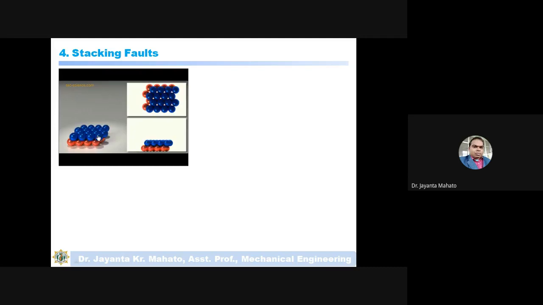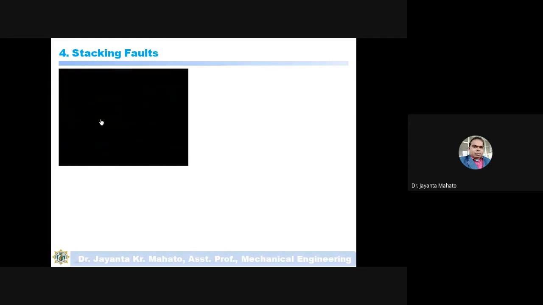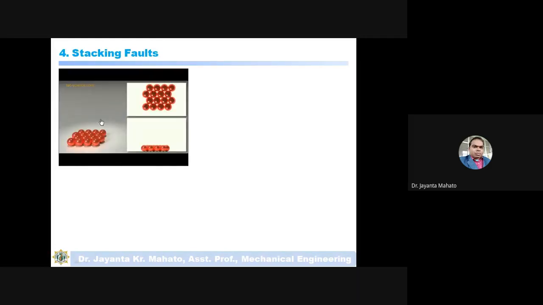It is layer-by-layer placing of atoms. Just consider steel balls of 3 different colors. In FCC metals, the crystal structure or unit cell is formed this way: 3 different types of atoms are placed one over another.